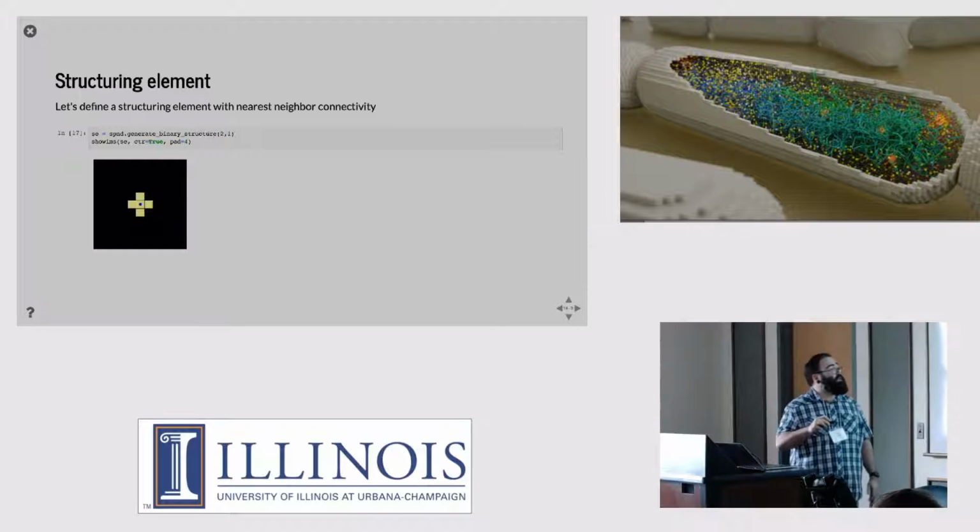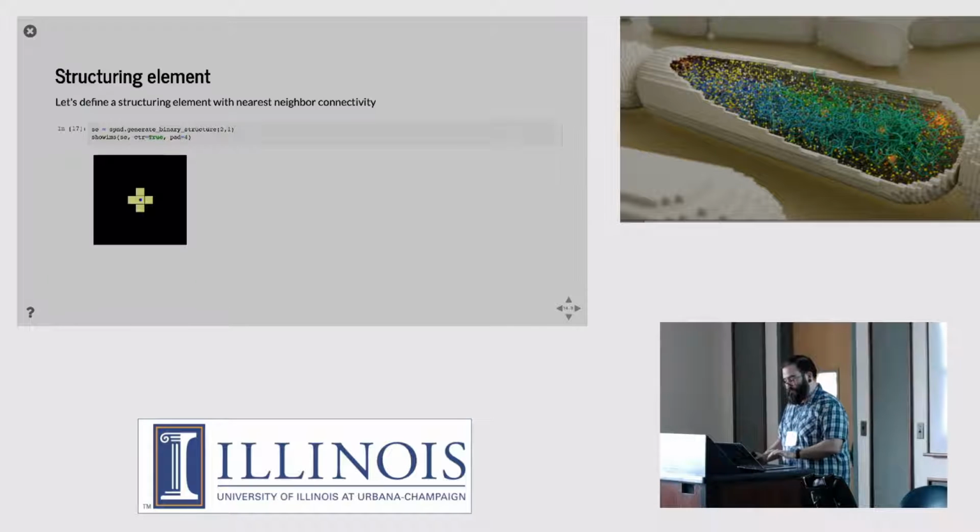So this is just its own image here. Yellow means it's on, black means it's off, and I put a point in the middle to indicate the origin. So this thing is going to be traced across the image, and the center here is going to be the center in the image, and that's going to be what we turn on or off in the output image.